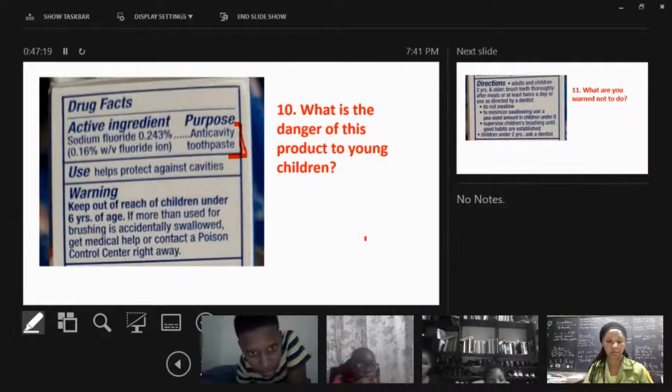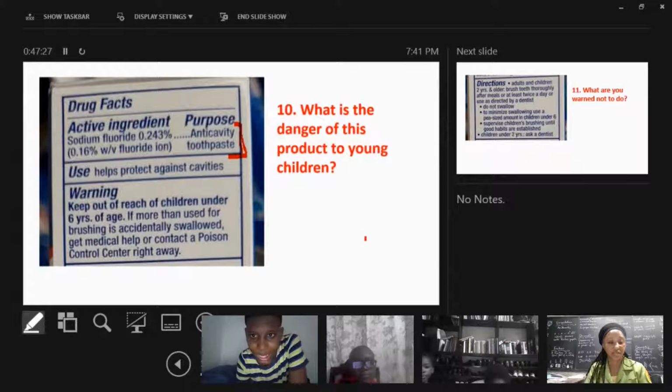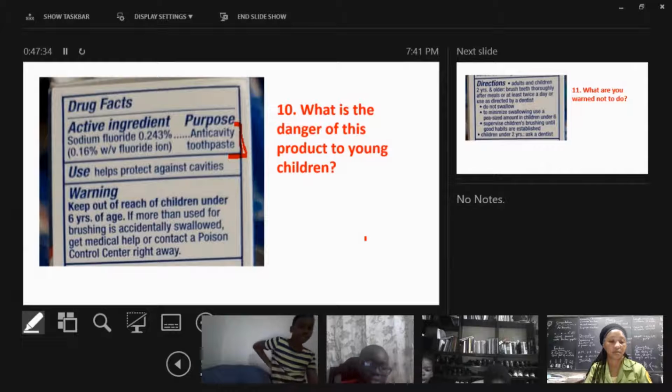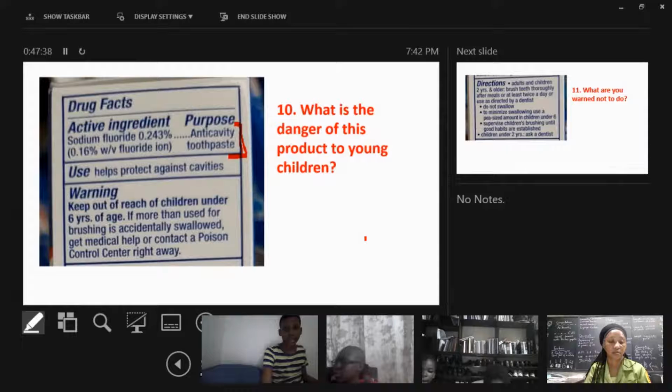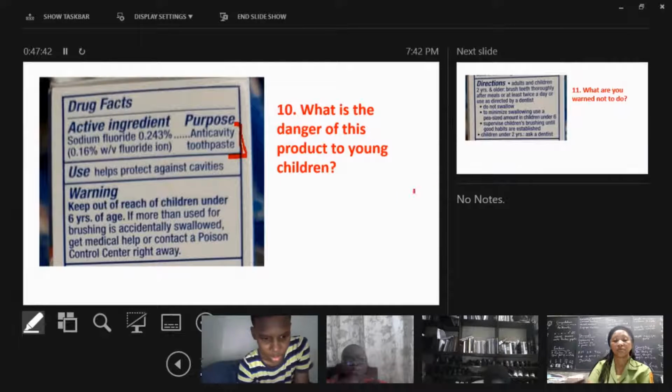Warning: keep out of reach keep out of reach of children under 6 years old of age. 6 years of 6 age. years of age. 6 years of age. If more than used for brushing is accidentally swallowed, get medical help or contact a poison control center right away. Mhm.